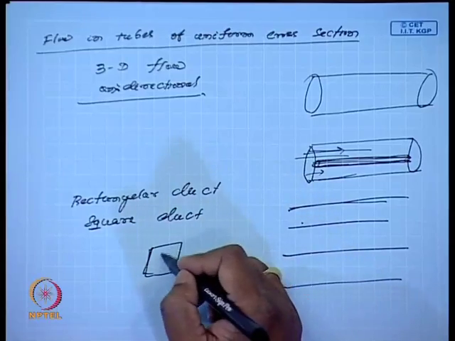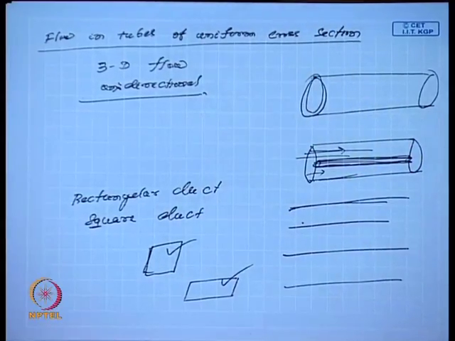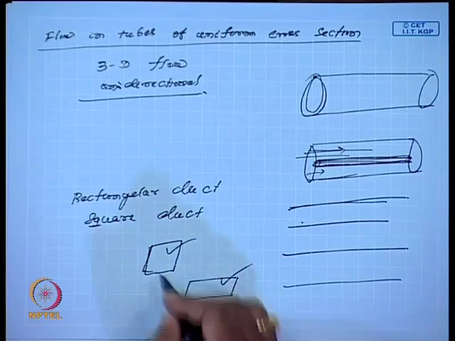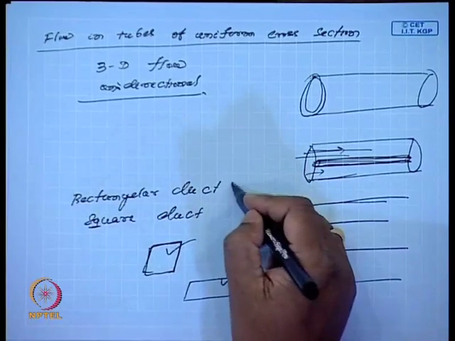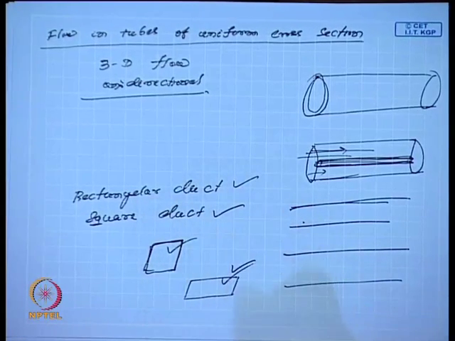Here, unlike the circular case, which is a cylinder, the duct is a channel whose front face is square in case of a square duct, and rectangular in case of a rectangular duct.